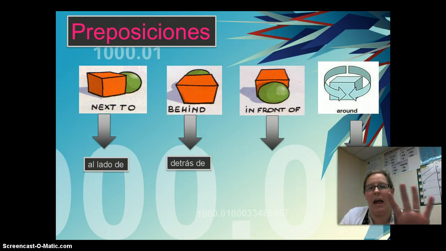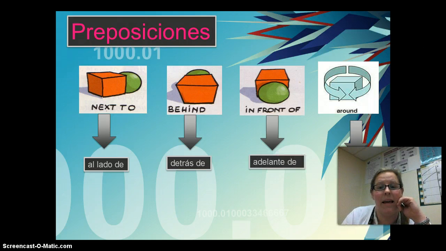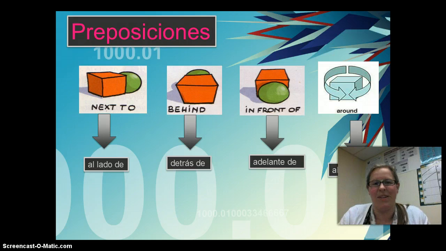We want to make sure that the A sounds like an A. Detrás de instead of detrás, right? Delante de. Delante de. We know that a D between two vowels makes a th sound, so it's not delante, it's delante de. And around, alrededor de. That one's a little difficult, alrededor de.